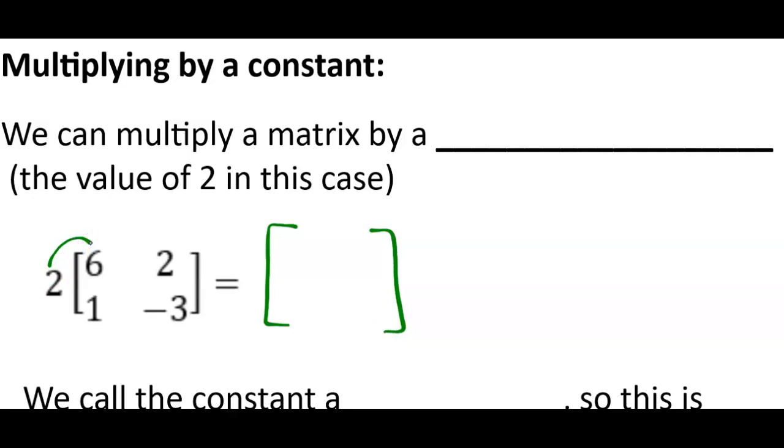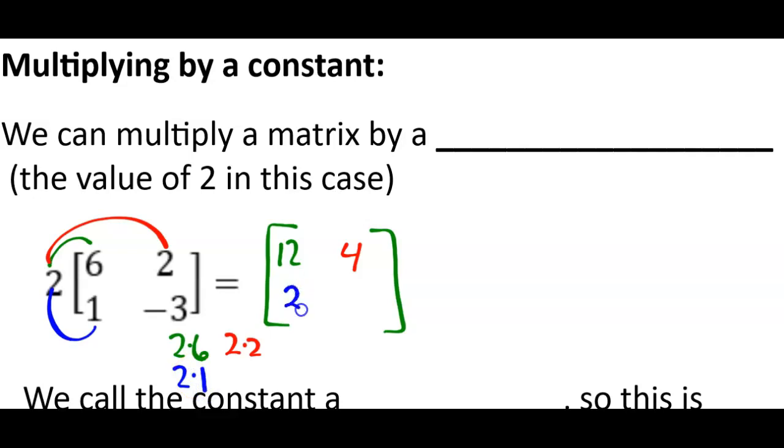So 2 times 6 gives me 12. 2 times 2 gives me 4. 2 times 1, and if you haven't noticed, my answers always go from where they start. 2 times 1 is 2, and 2 times -3 is going to give me -6.